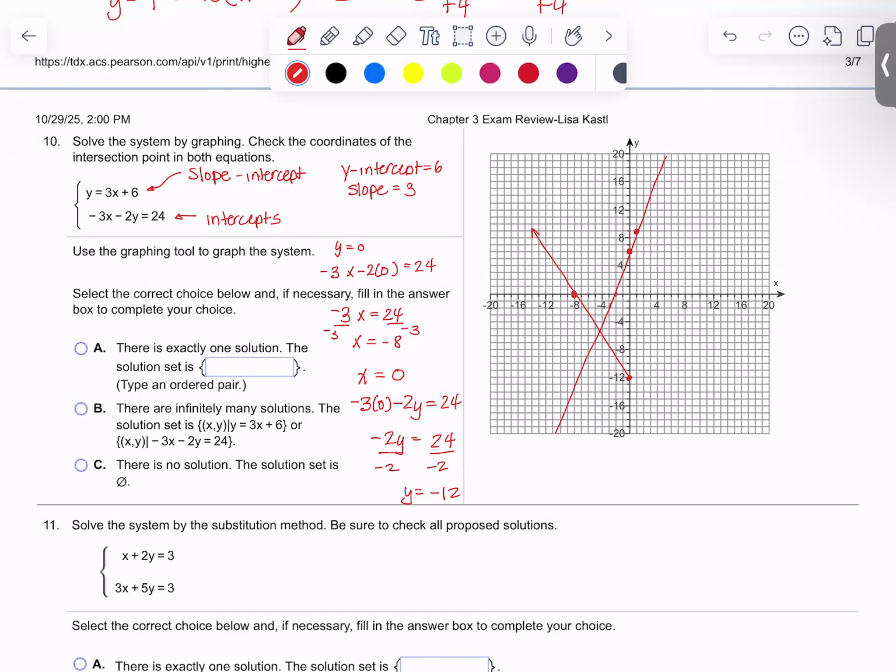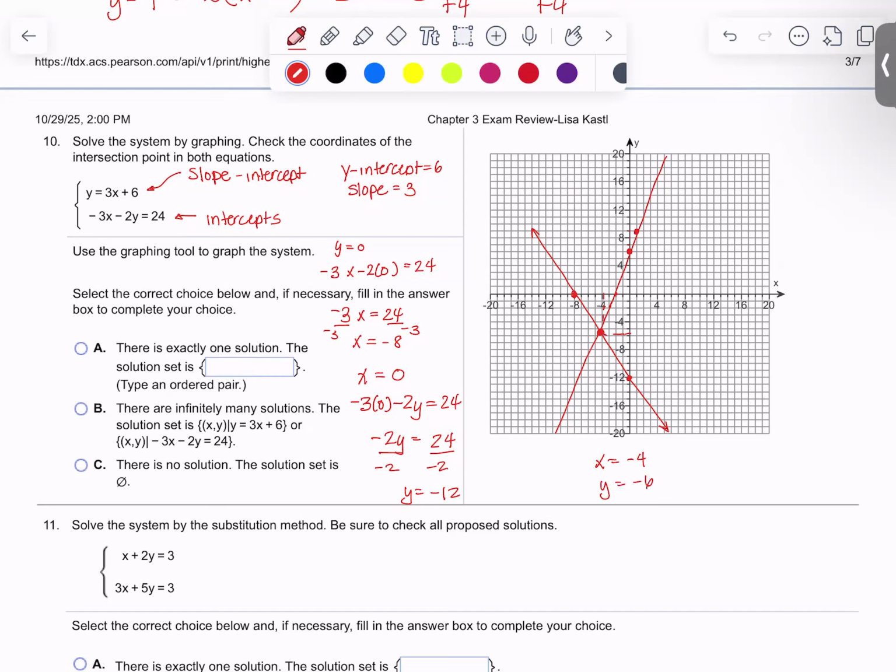Reasonably decently, maybe. Like I said, when you graph this on your computer, it's so much easier to see, but it looks like it's intersecting right in here. And that appears to be x is negative 4 and y is negative 6.